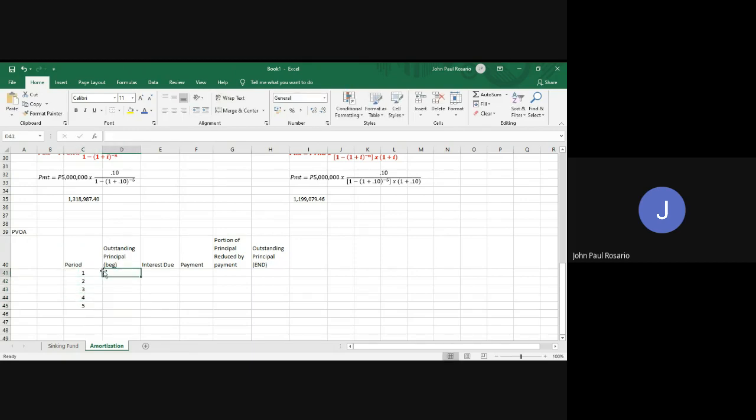The outstanding principal at the beginning is 5 million. Interest due is based on our beginning balance of 5 million multiplied by the 10% interest. And then, what is our payment?